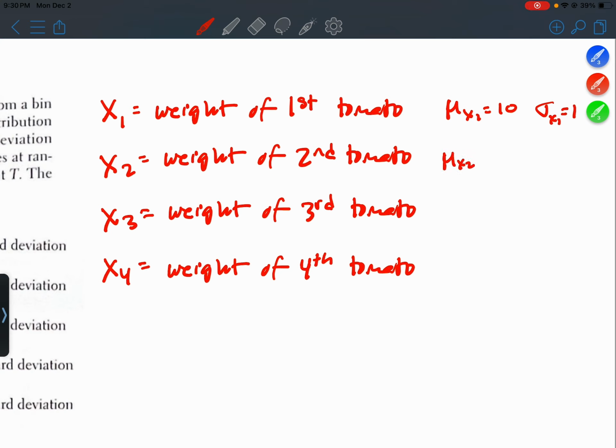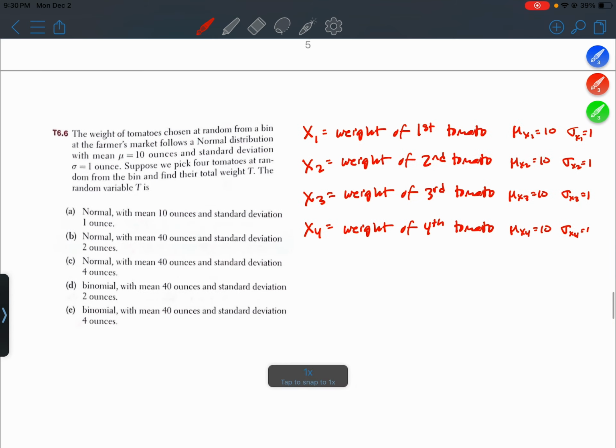The mean of X2 will be 10, the standard deviation of X2 will be 1, and so on. The reason why they all have the same mean and standard deviation is because they all come from the same population of tomatoes.